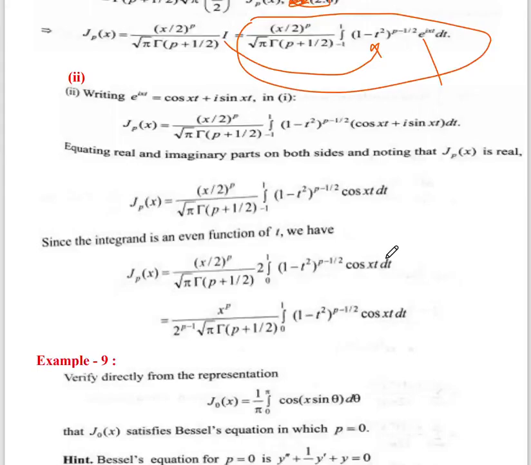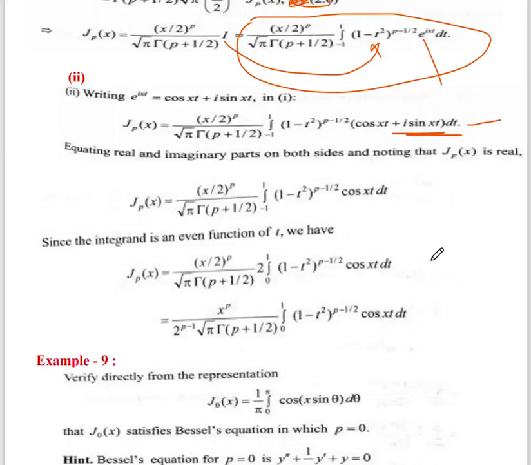Note the real part of jp of x. Therefore jp of x equal to x upon 2 to the power p root pi gamma of p plus 1 by 2, integral minus 1 to 1, 1 minus t square to the power p minus half, cos xt, and this is the imaginary part, we will neglect that.